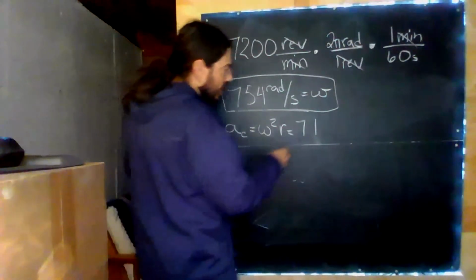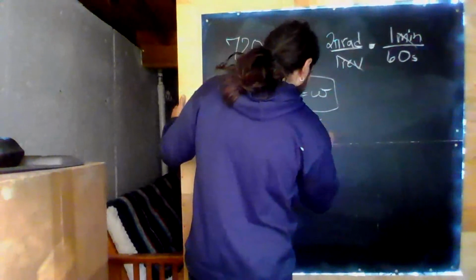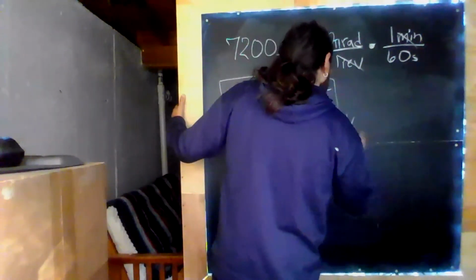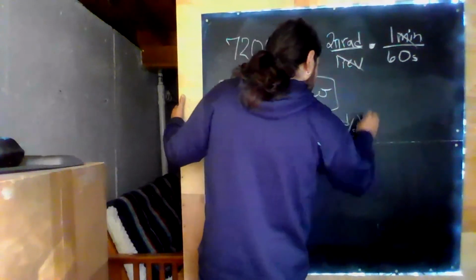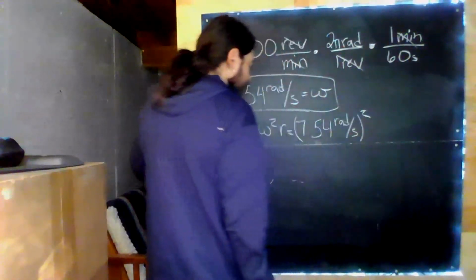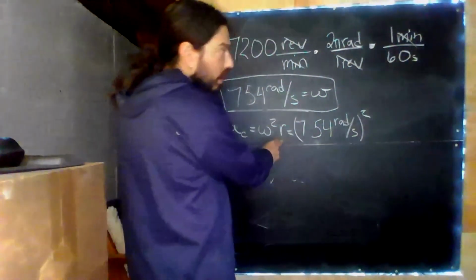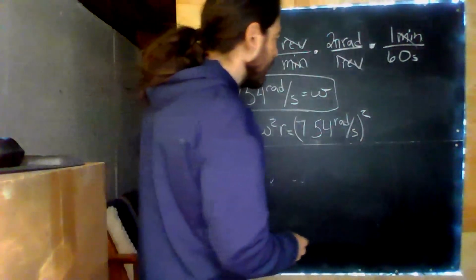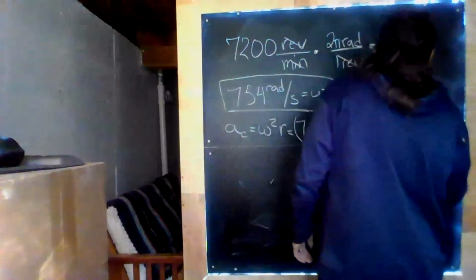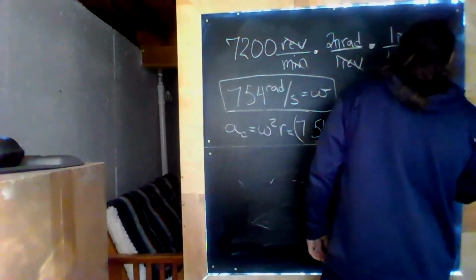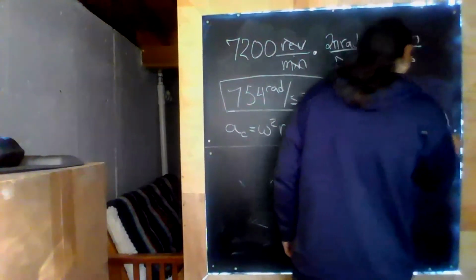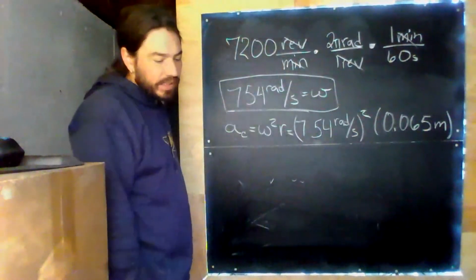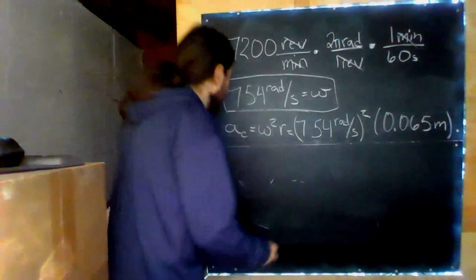We have 754 radians per second squared times r. They told us that the diameter was 13 centimeters. That means the radius is half of that, or 6.5 centimeters, also known as 0.065 meters.